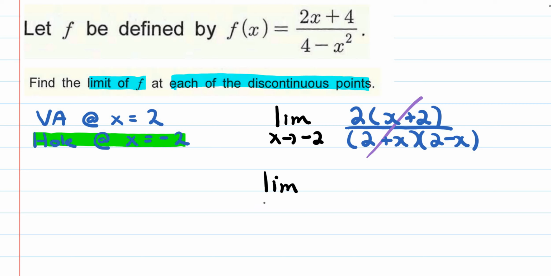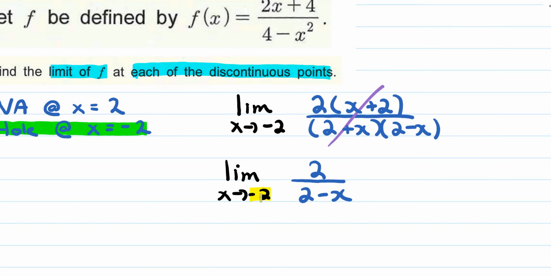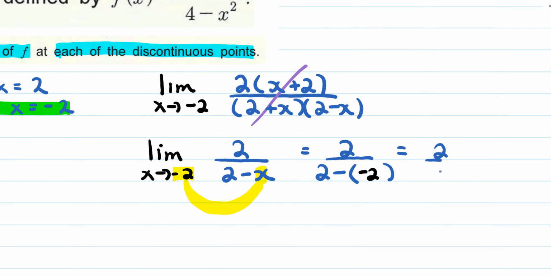So we have the limit as x approaches negative 2 of 2 divided by (2 minus x). Now, if we do a direct substitution here, if we take this negative 2 and plug it in for the denominator, we have 2 on the numerator, and on the denominator we have 2 minus (negative 2). And that gives us a value of 2 over 4, which equals 1/2.